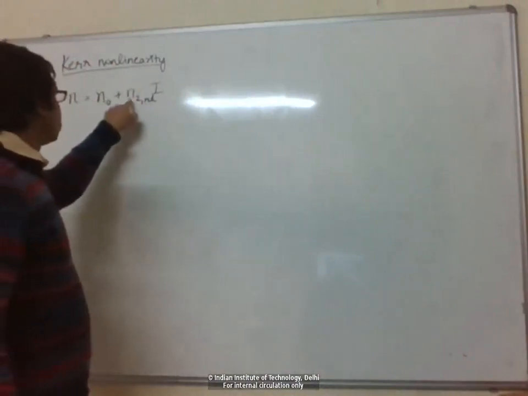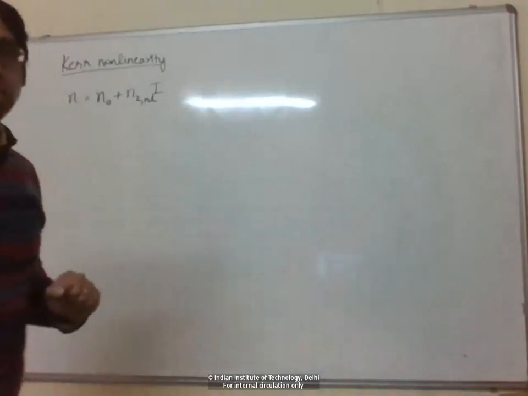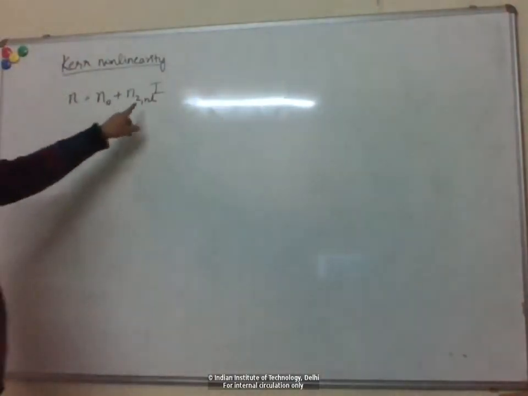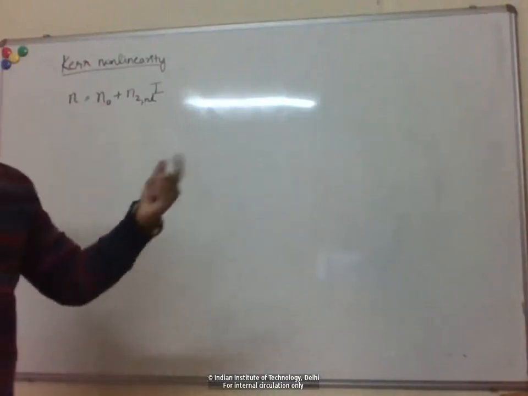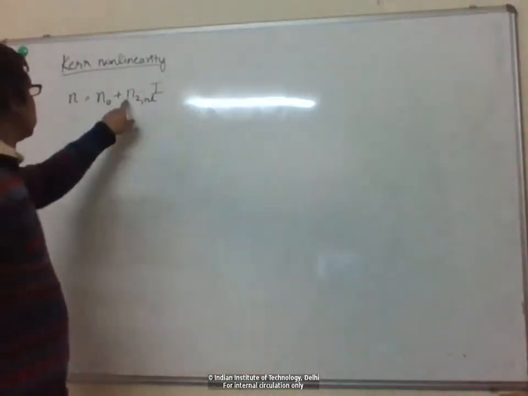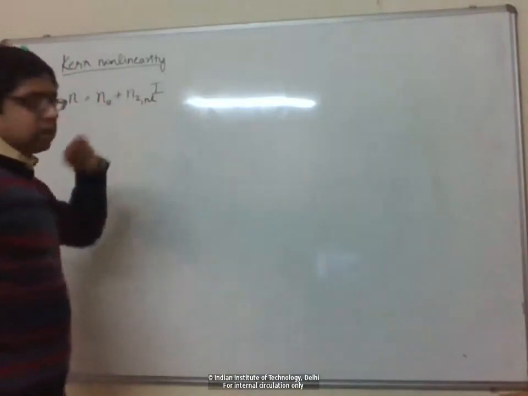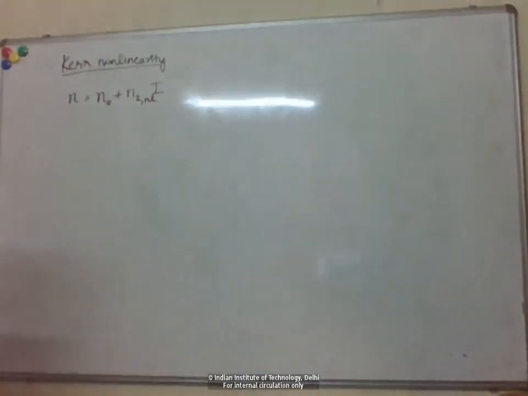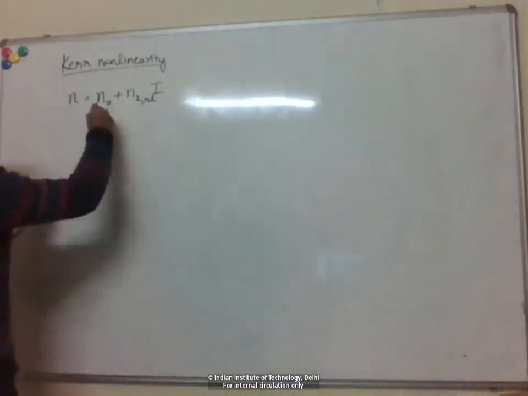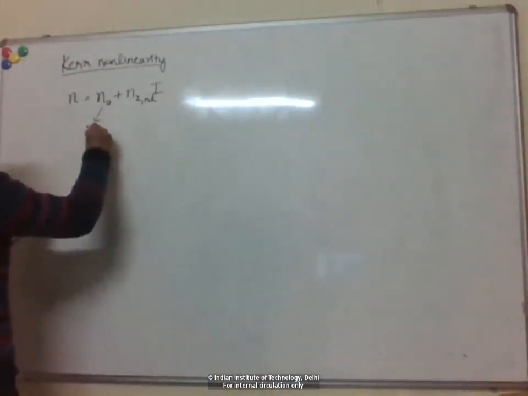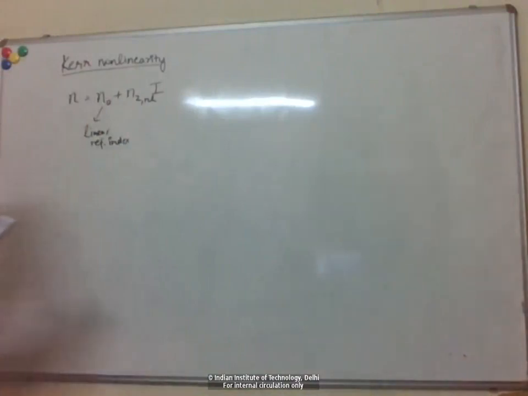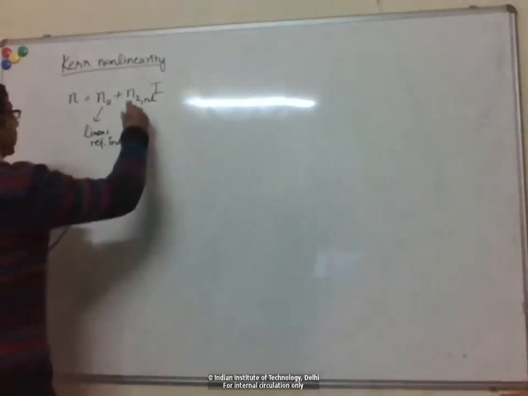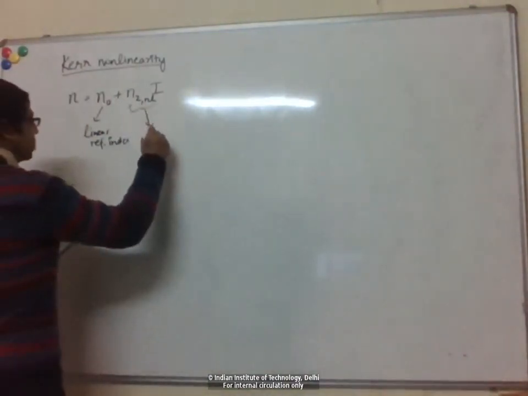There is some proportionality constant here, which is usually denoted by n2. But I put another subscript NL because in optical fibers we use n2 also for the cladding index. So here n2,NL is the nonlinear coefficient. This is your usual linear refractive index that we know, for example for glass this is 1.45, and this here is known as the nonlinear index coefficient.